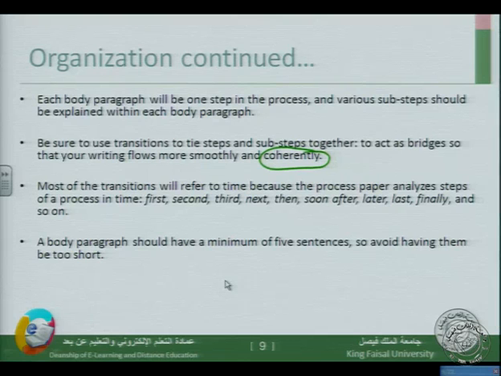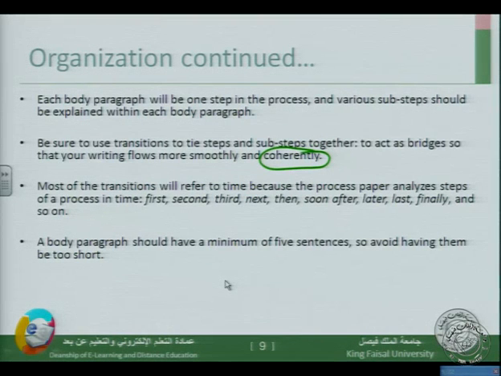Do you know the word coherent, what does it mean? From coherence, to flow smoothly and coherently. So you need to tie the paragraphs together by transitions. We have talked maybe 2 or 3 times about how to use the transitions within the body paragraph, and how to use the transition to move to the conclusion.